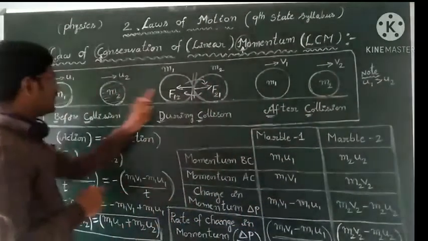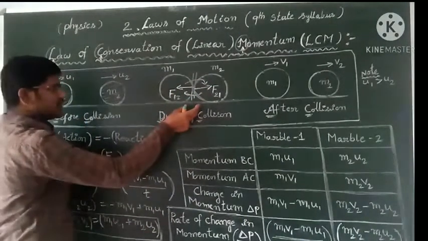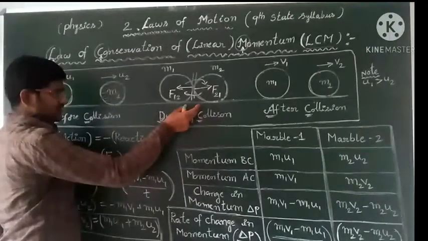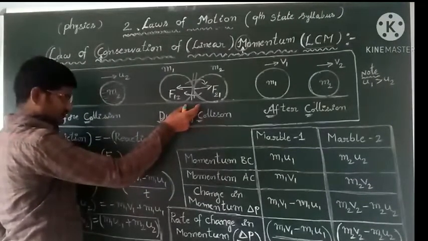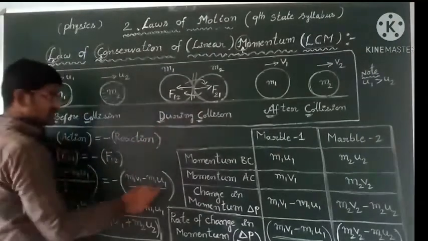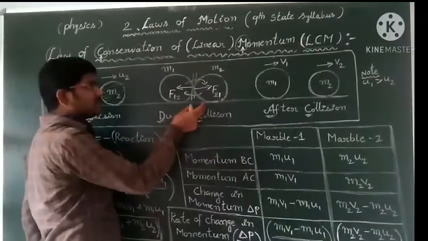So definitely 1 will go and hit 2. This is during the collision. Let us consider that the collision occurs for a small interval of time, some t.